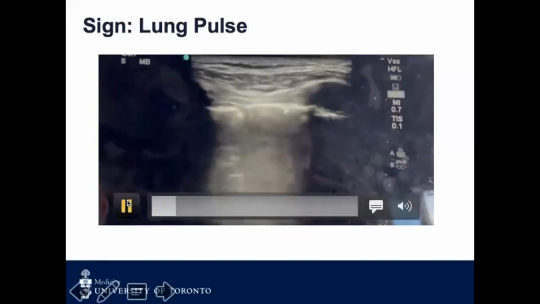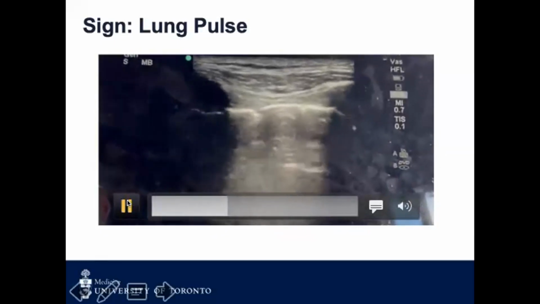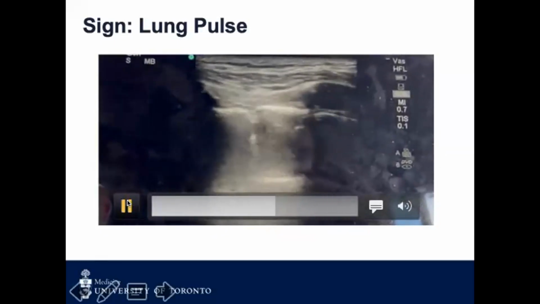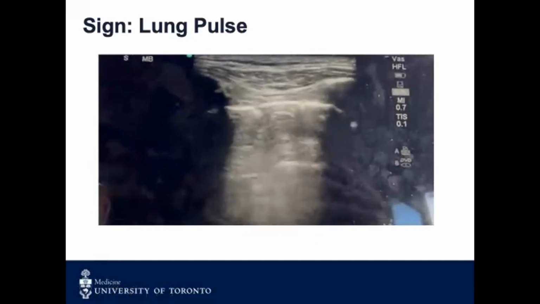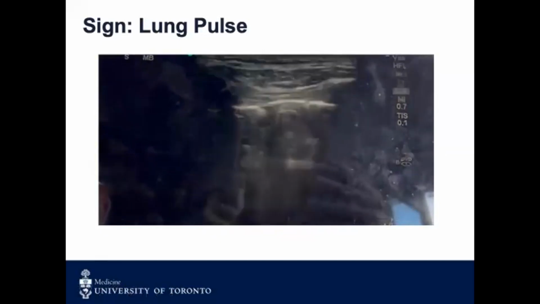If you were to have air in this location where your probe is, you would not be able to see a lung pulse because your reverberation would not transmit through air. So this is another way to tell if you have a pneumothorax. The absence of a lung pulse and the absence of lung sliding is equivalent to a pneumothorax.